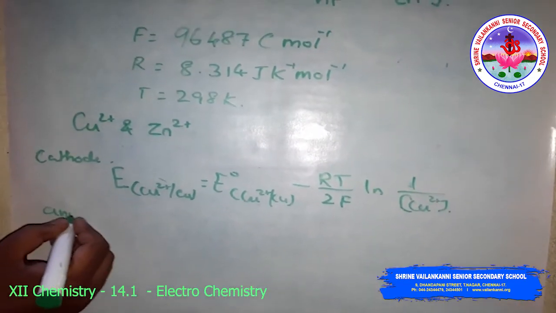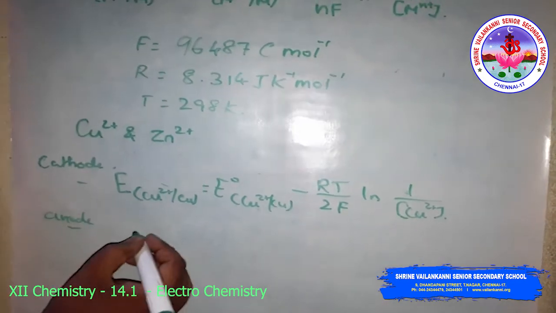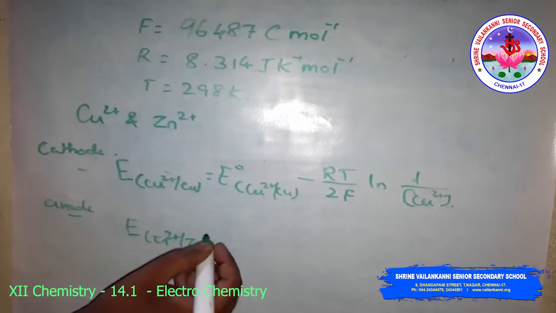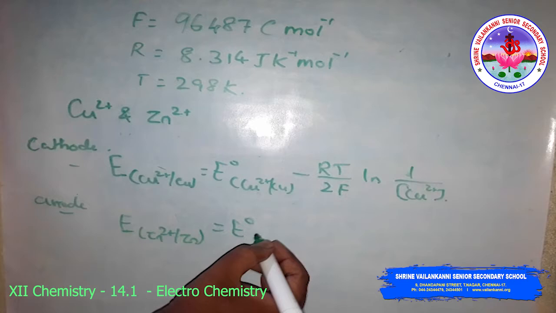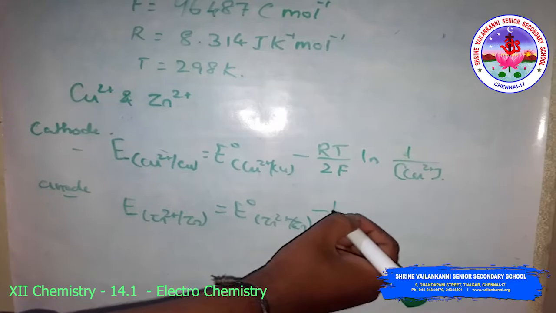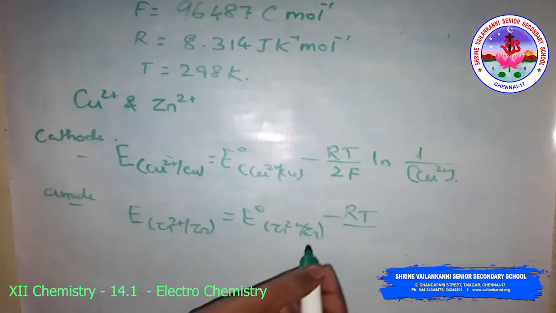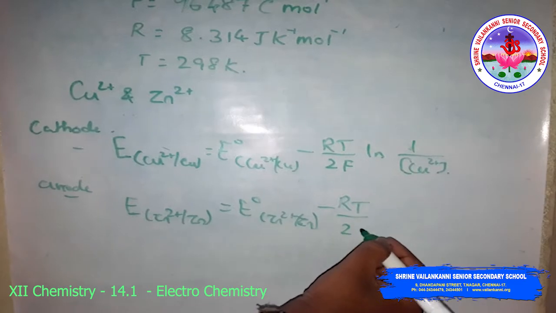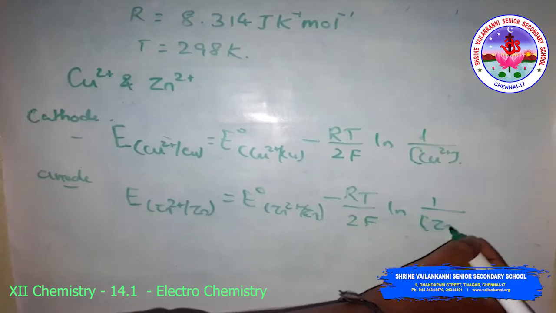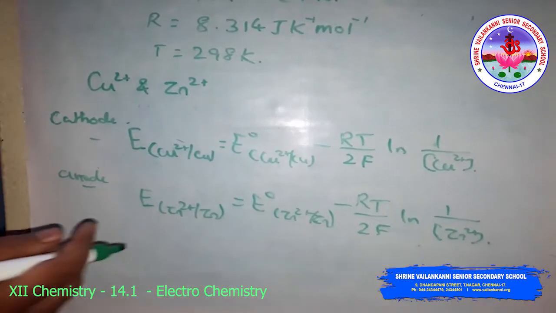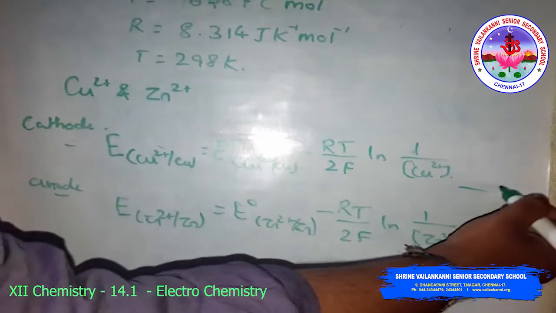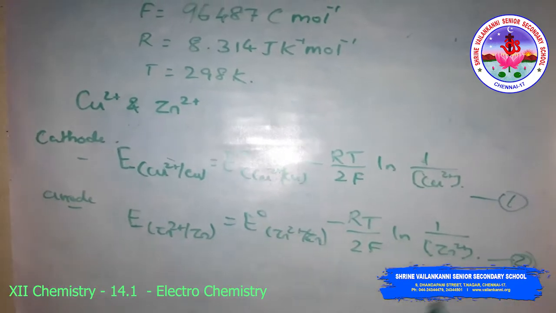Similarly at the anode, which is the oxidation process, E Zn2+/Zn is equal to E naught Zn2+/Zn minus RT divided by 2F, the ln of 1 divided by [Zn2+].